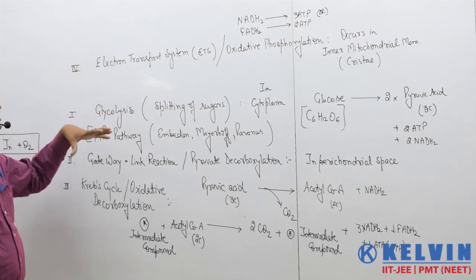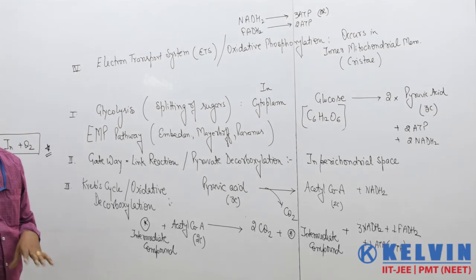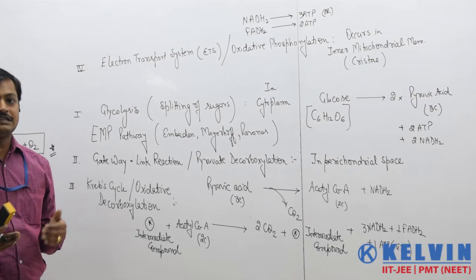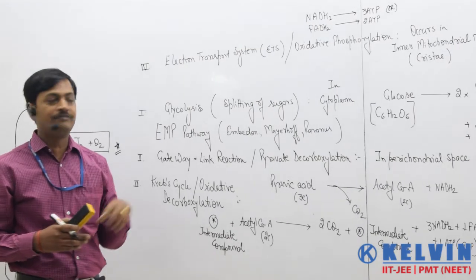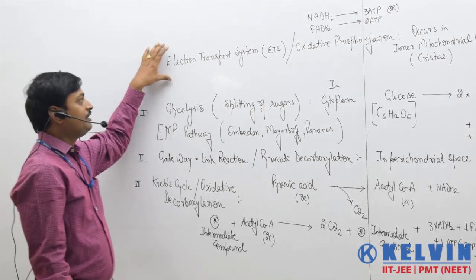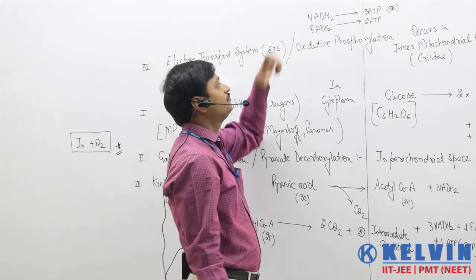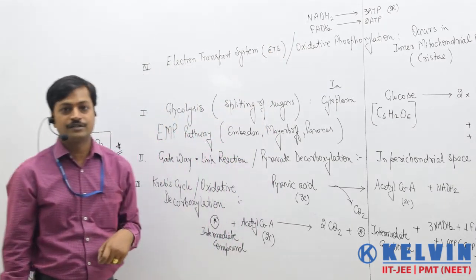So the maximum energy is in the molecules formed here, but they are only the energy carriers. Energy in the form of ATP is obtained only when ETS is completed in the inner mitochondrial membrane. So if ETS is not happening, then there is no ATP from NADH2 or FADH2.